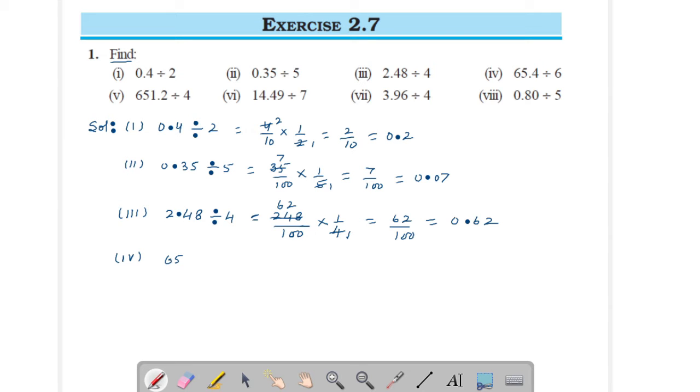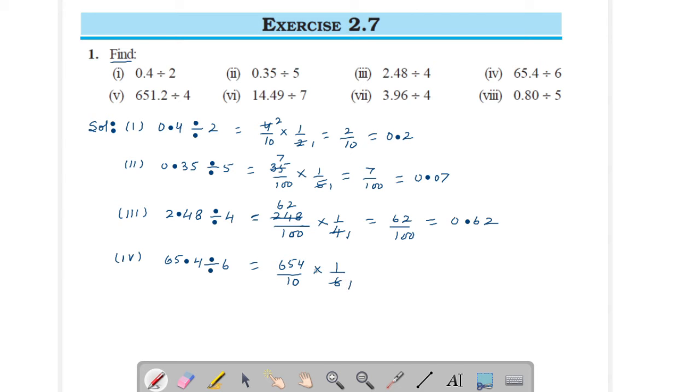65.4 divided by 6. Here this can be written as, remove decimal, 654 upon 10 into reciprocal of 6, that is 1 upon 6. Here you can cancel the terms by 6. 654 and 6.